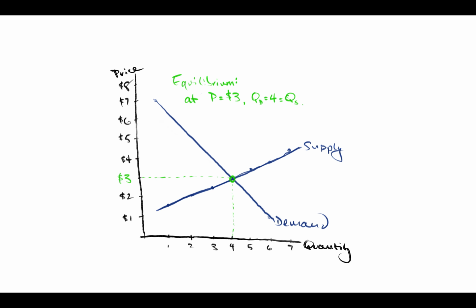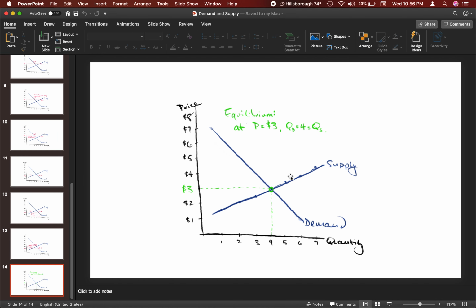Okay, right here, the equilibrium price is $3. The equilibrium quantity is 4. Okay, so with that, I am done talking about demand and supply.